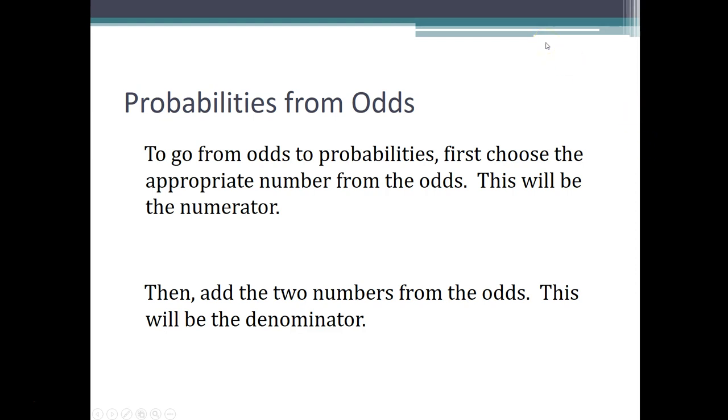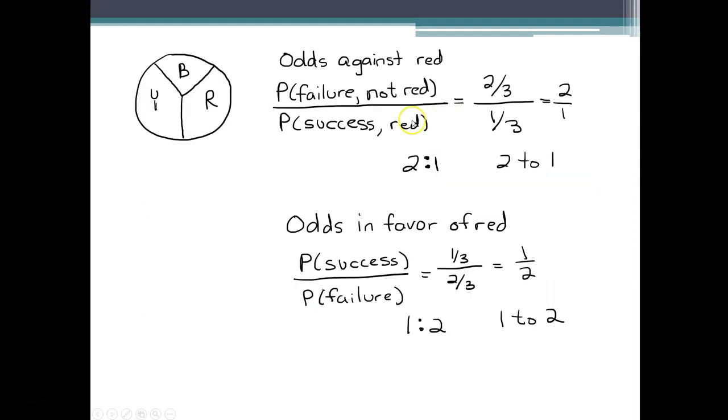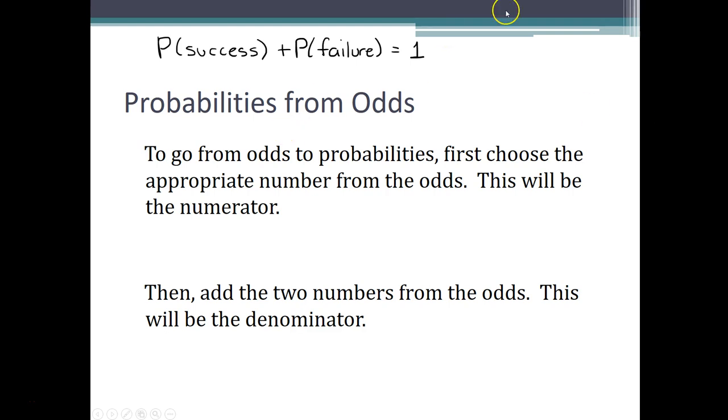Now what you might notice too when you're doing the odds, probability of success plus probability of failure is 1. Like if you go back to the previous slide, probability of success was 1/3, probability of failure was 2/3.